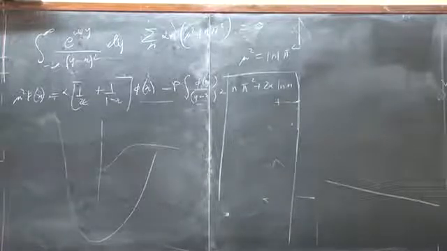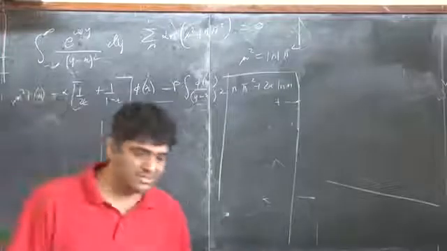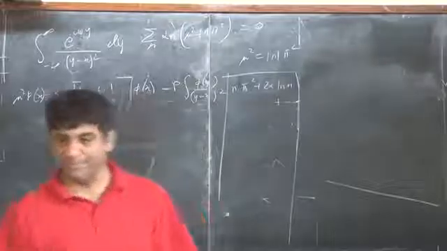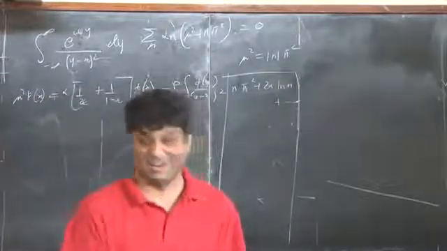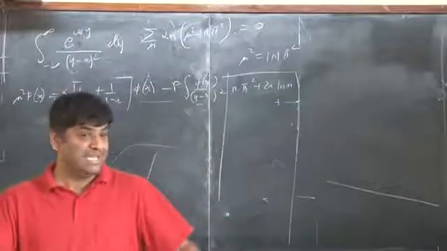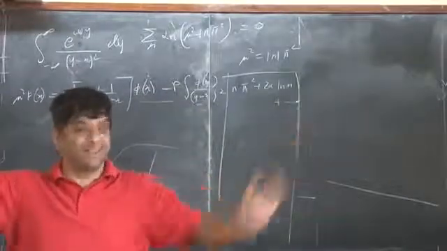In terms of potential, in 4 dimensions, the Coulomb potential is like 1 over r. In 3 dimensions, the Coulomb potential is like log r. In 2 dimensions, the Coulomb potential grows linearly like mod r.